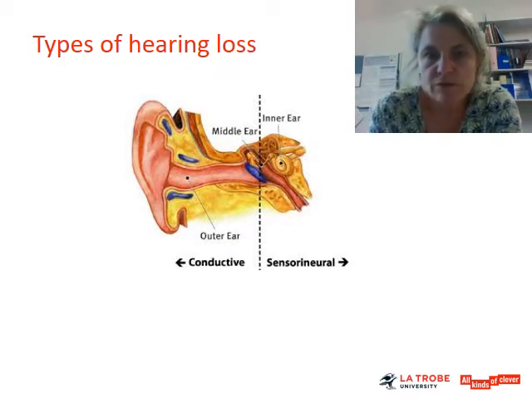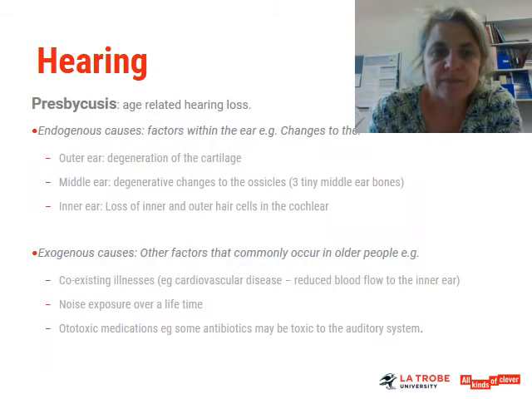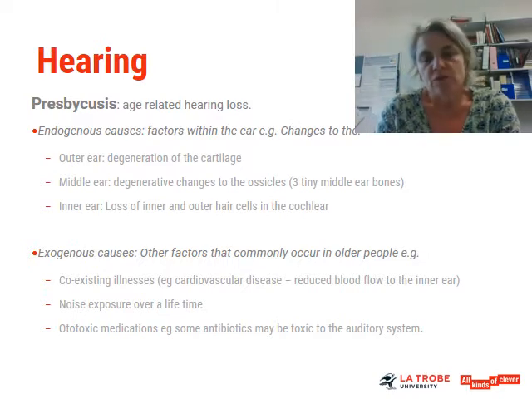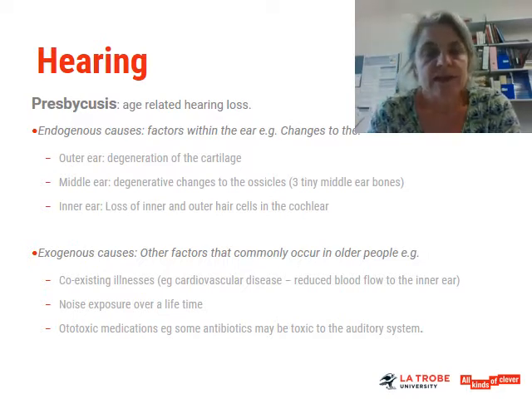Well, it's important if we think about communication and aging, because as many of you would know, hearing typically declines as we get older.